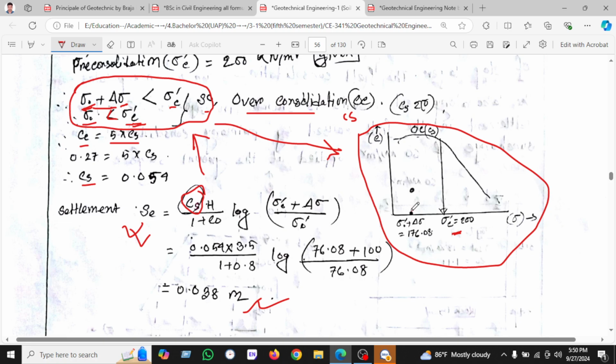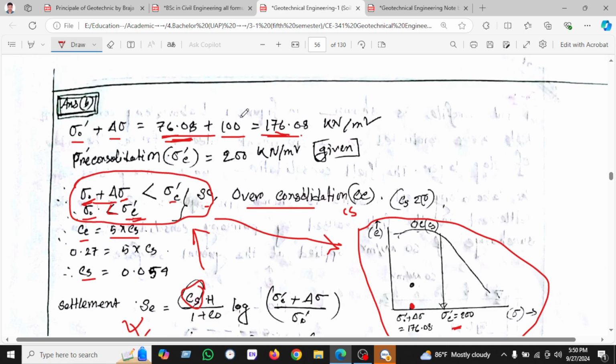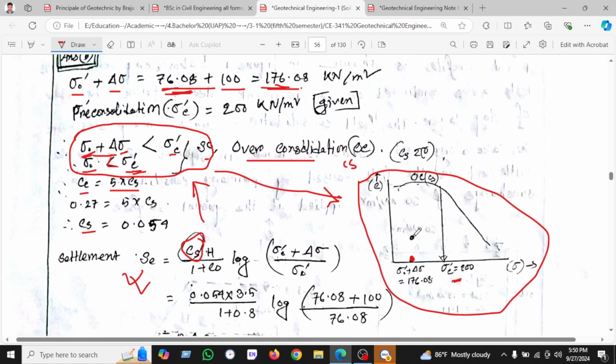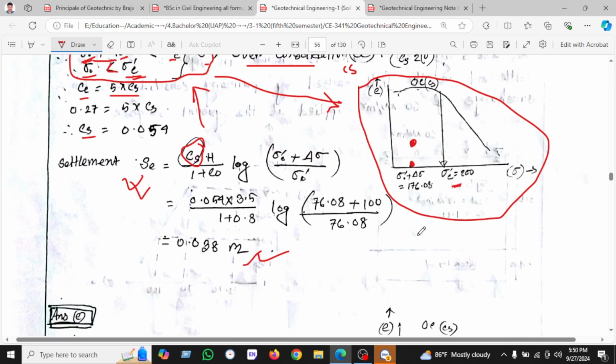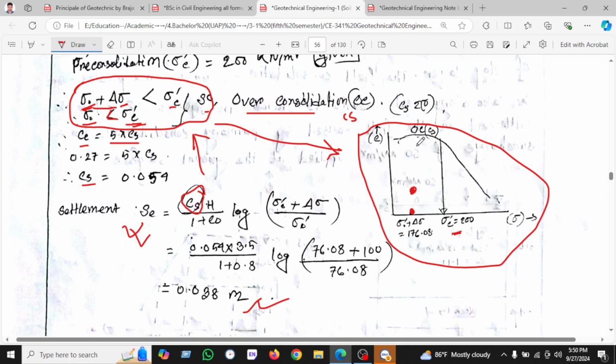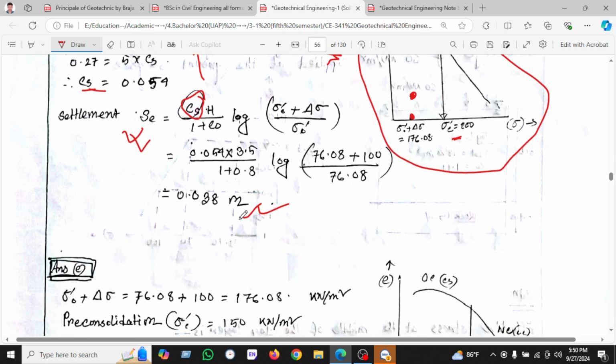So we can say it is in the left portion, the over consolidation region. On the other hand, we added sigma naught plus delta sigma, 176.08, which is also less than 200, and the point is denoted in this way. So we can say this is over consolidated soil, and when the soil is over consolidated, we will use the Cs.